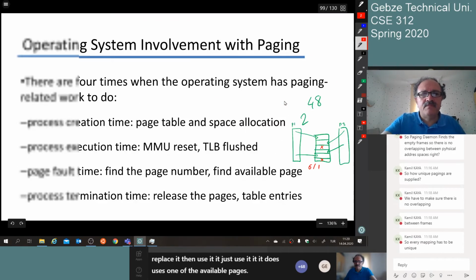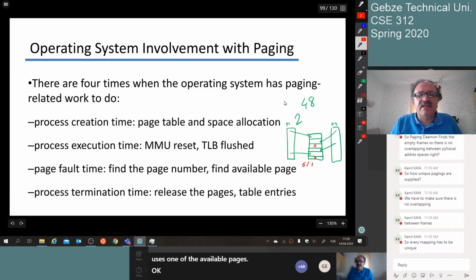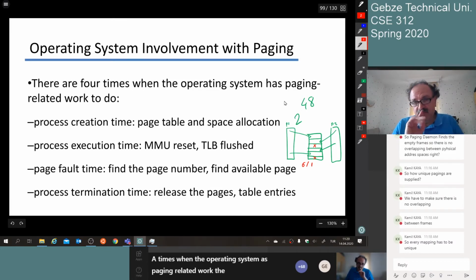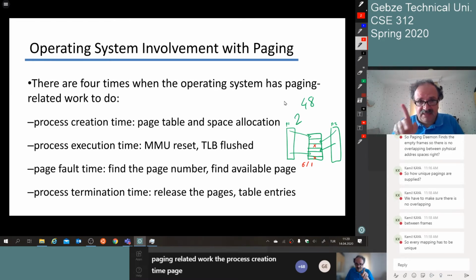So let's look at this again. Four times when the operating system has paging related work. The process creation time: page table is created and space allocated.